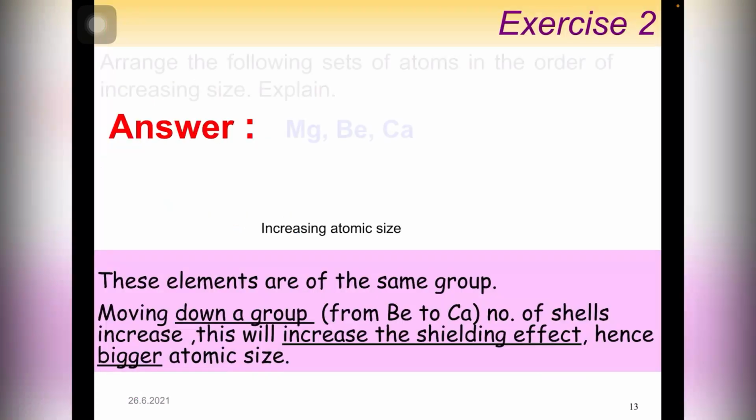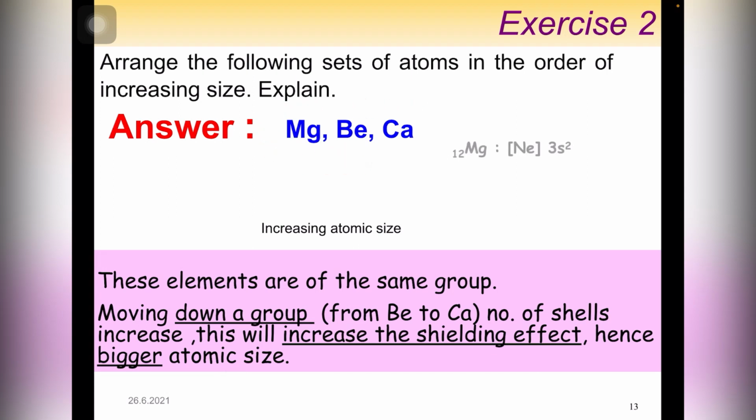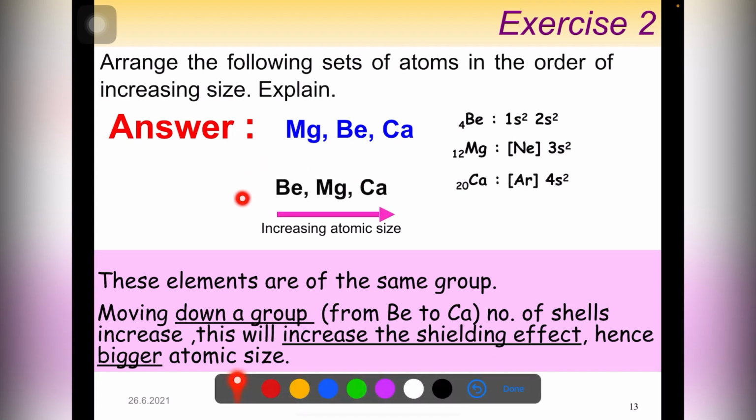Okay, next, let's see exercise 2. Arrange the following sets of atoms in order of increasing size. Explain. So the answer is this one. Increasing atomic size: beryllium has a smaller size compared to magnesium and calcium.